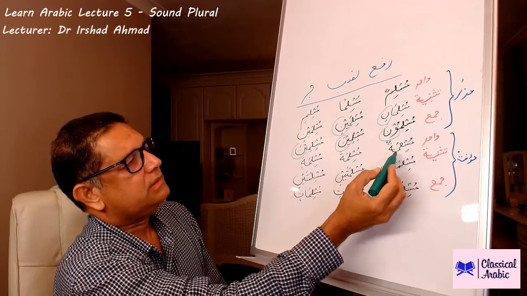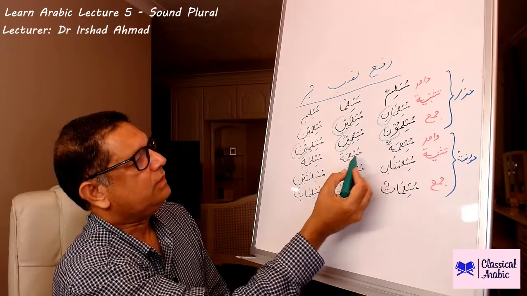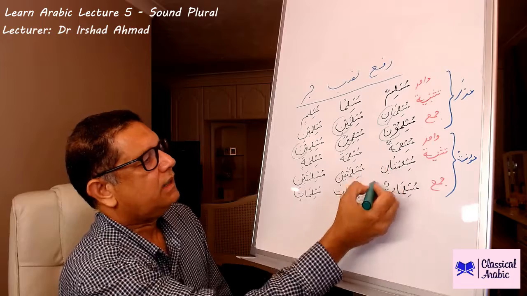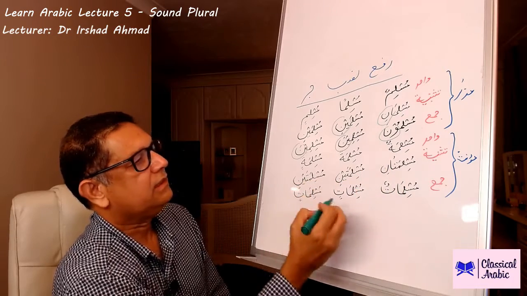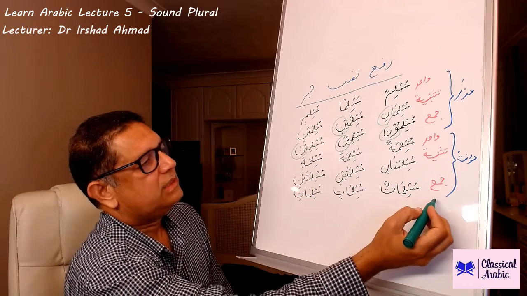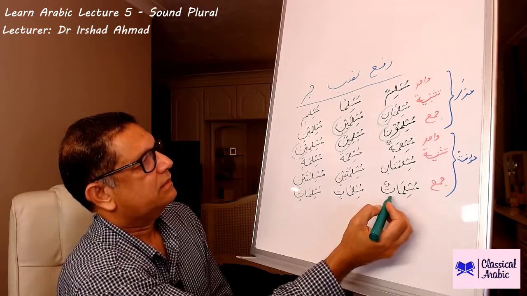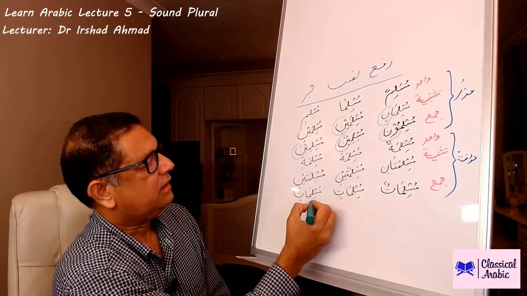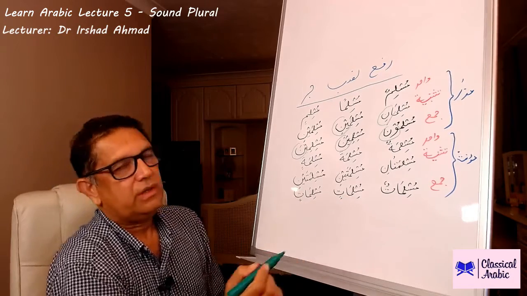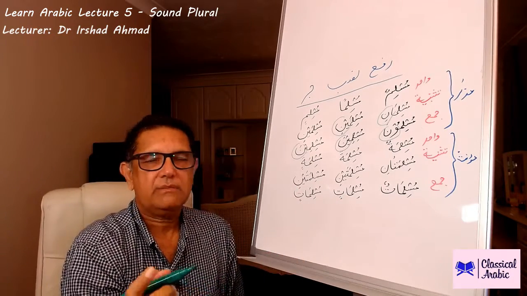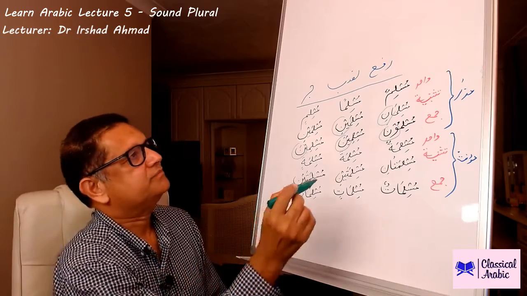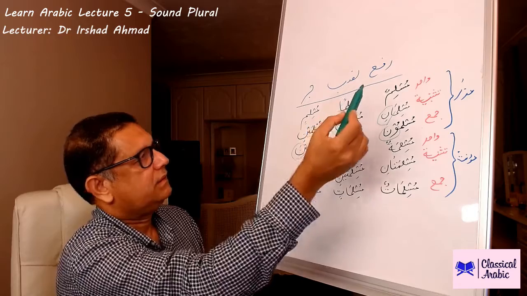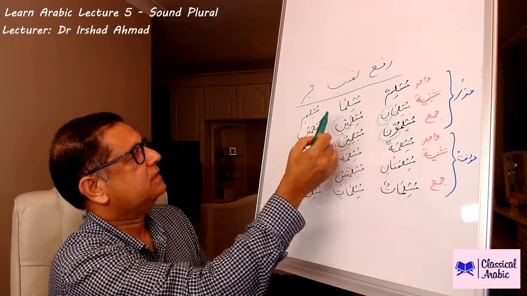Again muannas wahid, tun, tan, tin, and tasniya ani, aini, and in muannas jama it's different from the other, atun, atin.